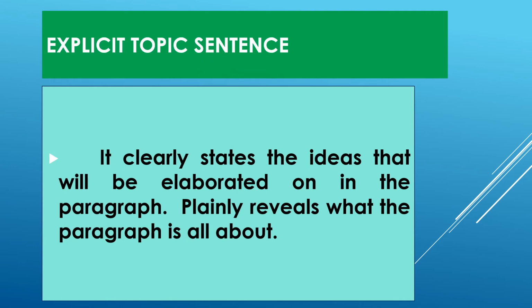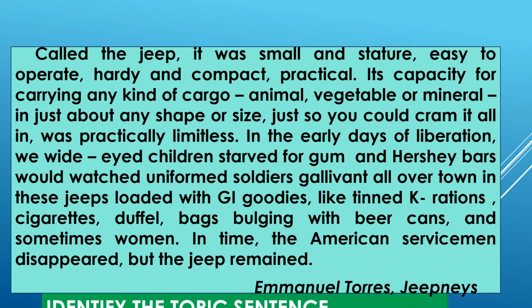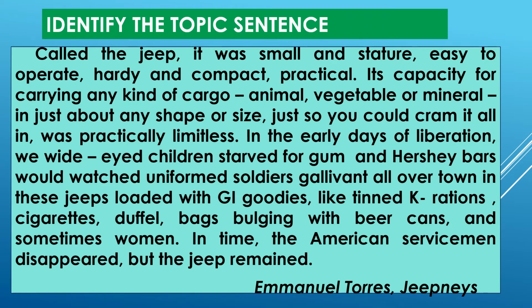A topic sentence can be explicit or implicit. An explicit topic sentence clearly states the ideas that will be elaborated on in the paragraph, plainly revealing what the paragraph is all about. Here is another example of a paragraph.